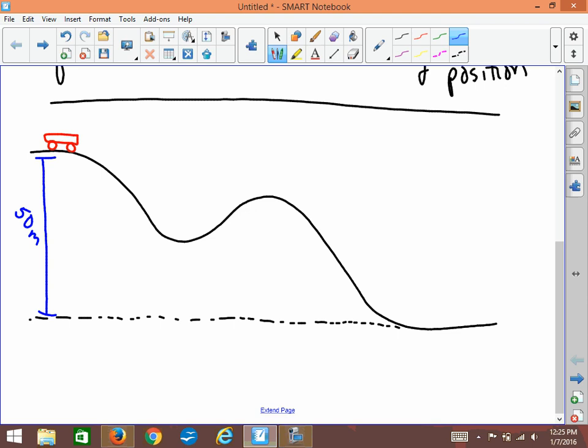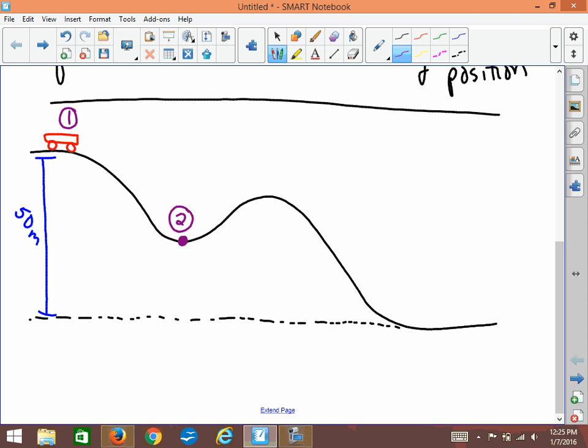Now, what we want to do is figure out something about the energy and the motion of this roller coaster car at different places. So I'm going to identify some places. Here's position 1 right here. I'll put these in purple. Position 1 will be at the start. Position 2 will be right here when the roller coaster car gets to the bottom of the first hill.